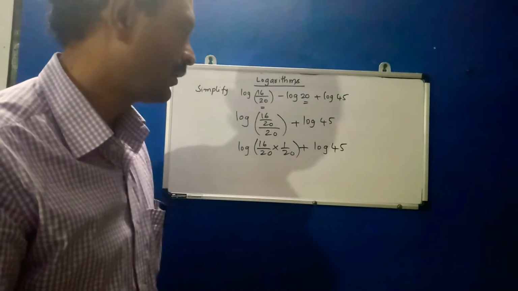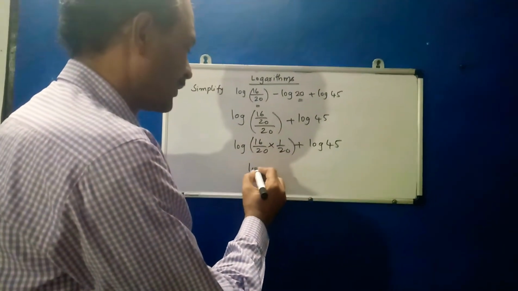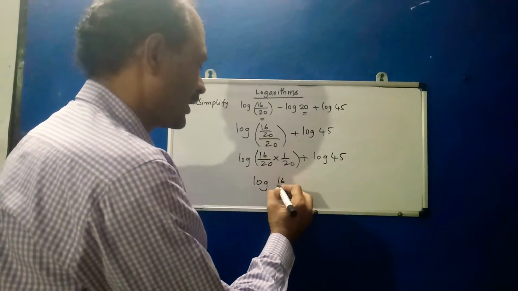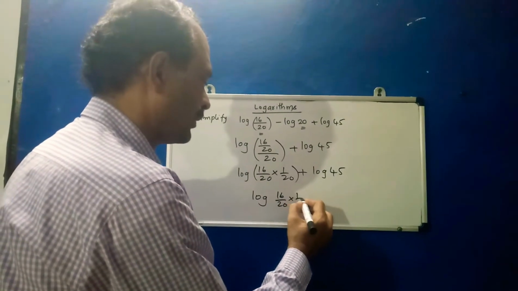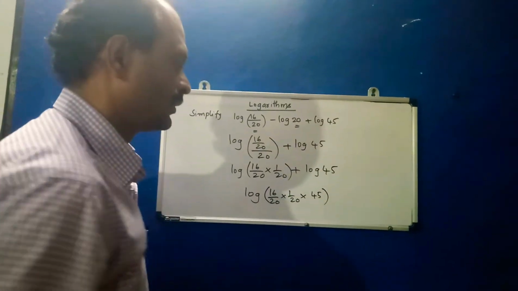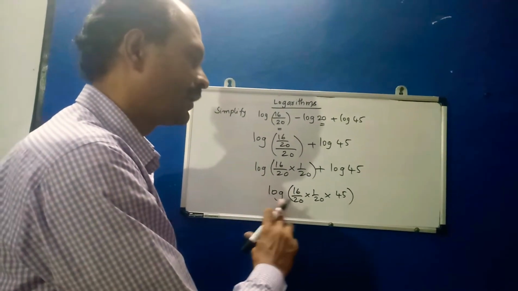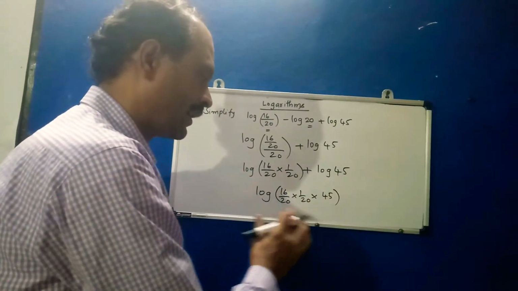Now this is again like log a plus log b, which is equal to log (a × b). So I can write this as log (16/20 × 1/20 × 45). So the problem is now converted into a single logarithm, log n, where n is this entire number.